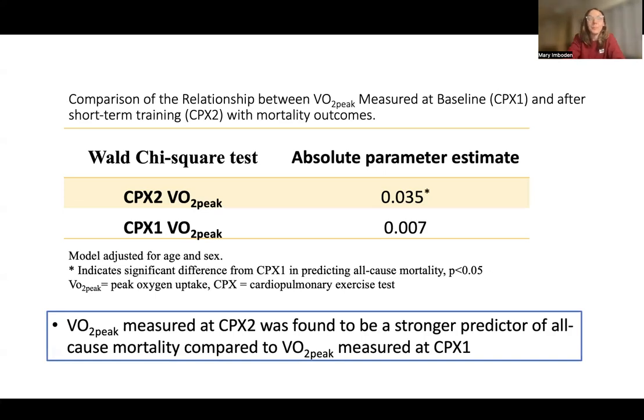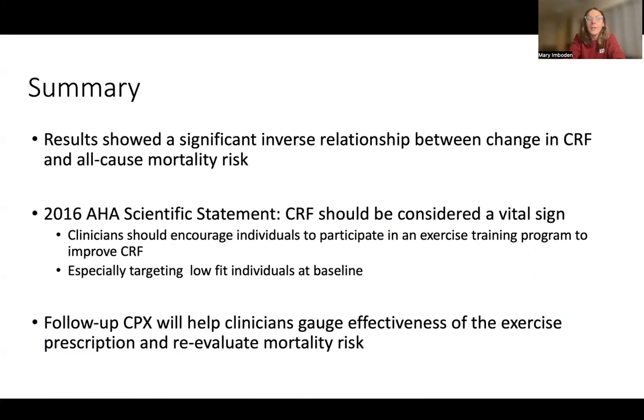So, just a summary of that study, results showed a significant inverse relationship between the change in cardiorespiratory fitness and all-cause mortality risk. And really, you guys, this is a little bit dated now, 2016, which seems crazy, but the American Heart Association put out a scientific statement that said cardiorespiratory fitness should be considered a vital sign.